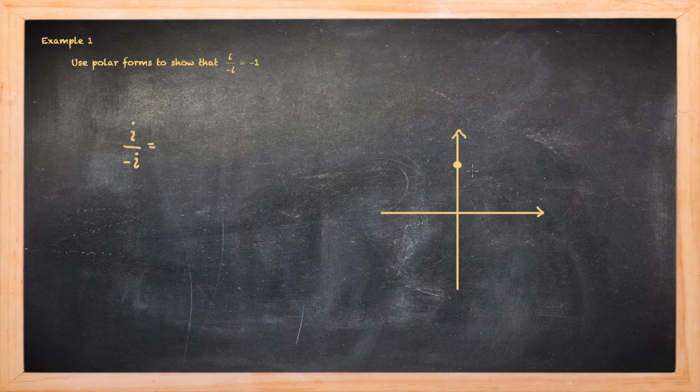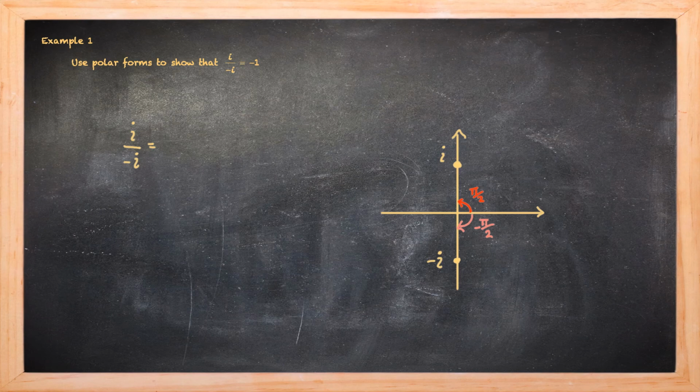So there's i, and we can see that its principal value of the argument is pi upon 2. And there's negative i, and its principal value we can see is negative pi upon 2.